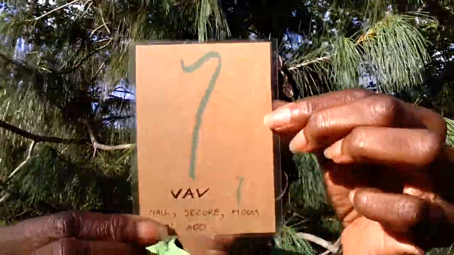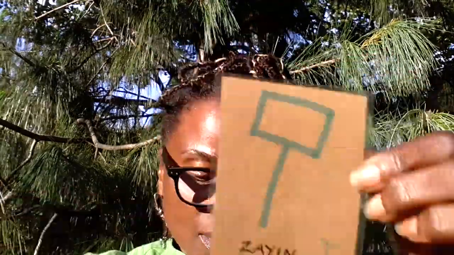And then you've got vav, and then zayin. Oh, I'm supposed to be doing the sounds, aren't I? So vav is kind of like a W sound, again like a bit of air coming.